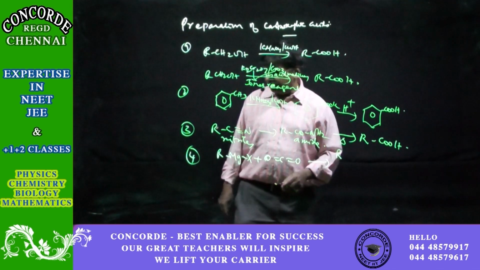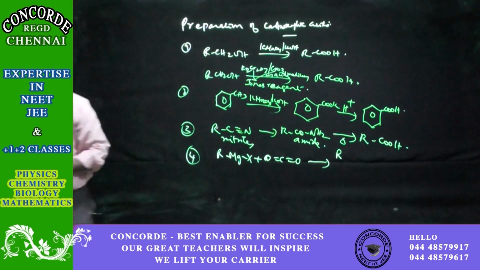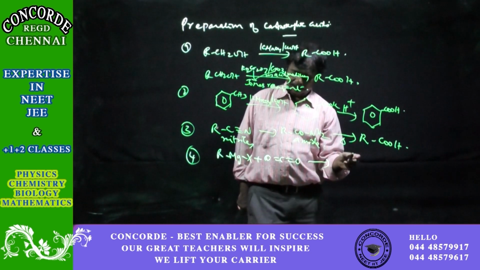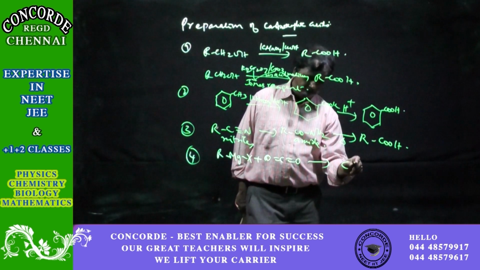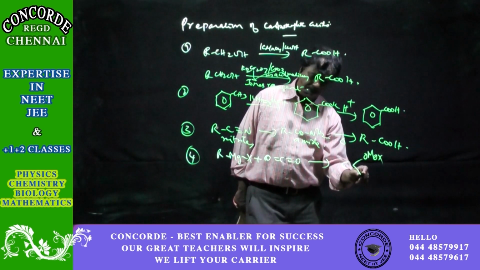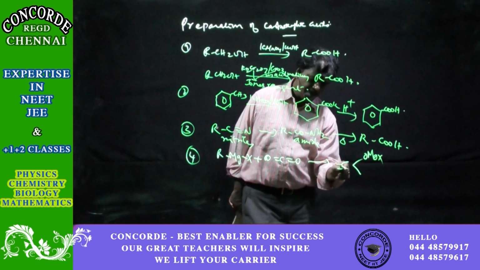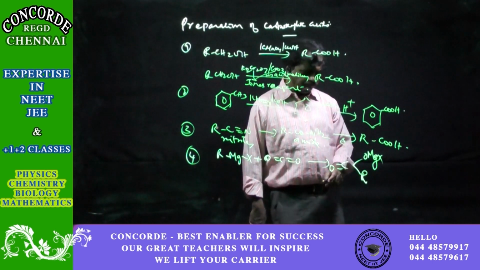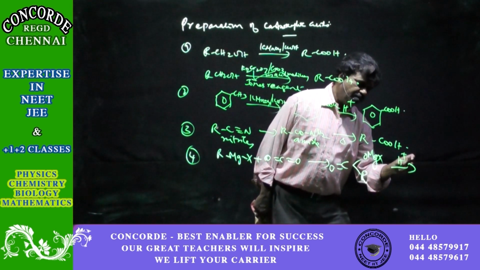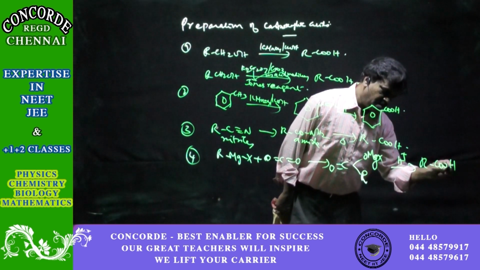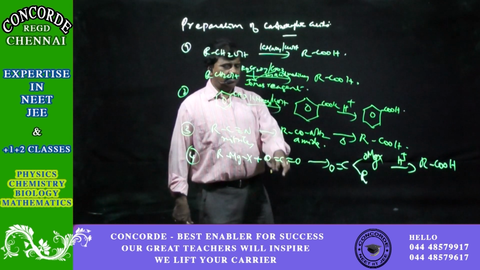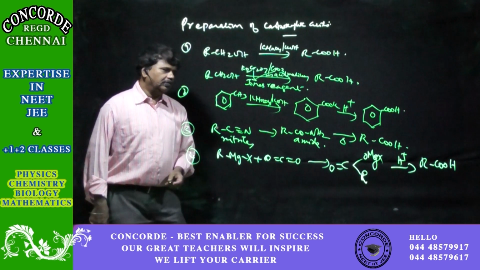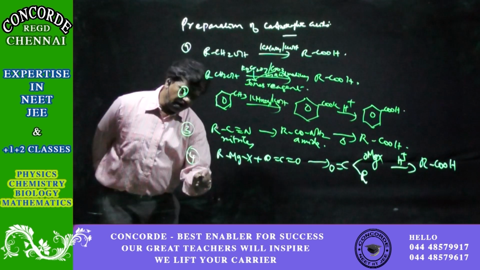This C double bond O breaks to give the addition product, which on hydrolysis gives RCOOH. The MgX is getting added on one side and R on the other, and we get the carboxylic acid.